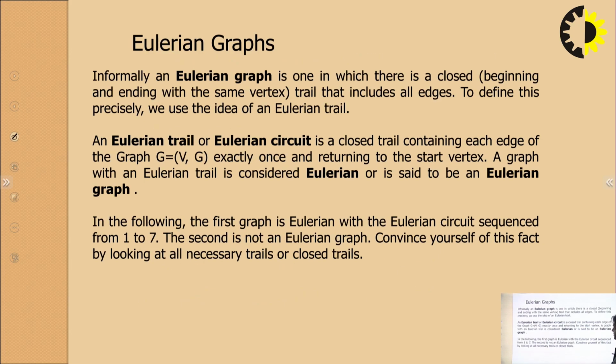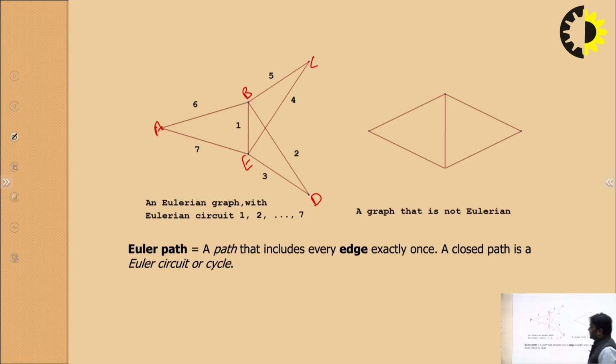I describe it here. If we traverse all the edges without repetition of any edge in that graph, then this graph will be Eulerian if the start and end points are the same.